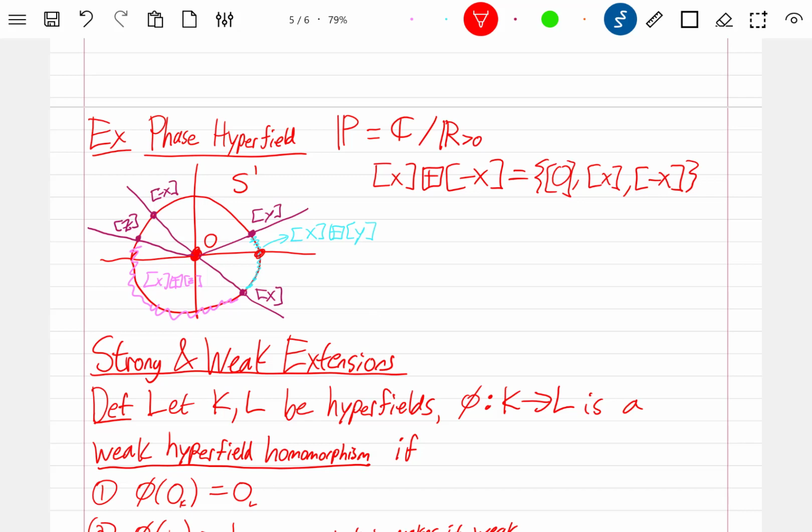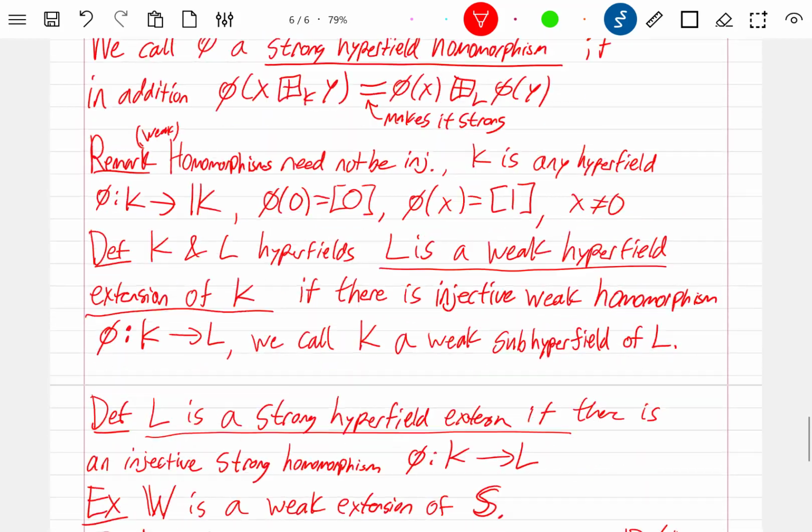If you consider the set 0, 1, and -1, sitting inside the unit circle, however you add them together, if you just consider these three elements of the phase hyperfield, that'll be exactly your hyperfield of signs.